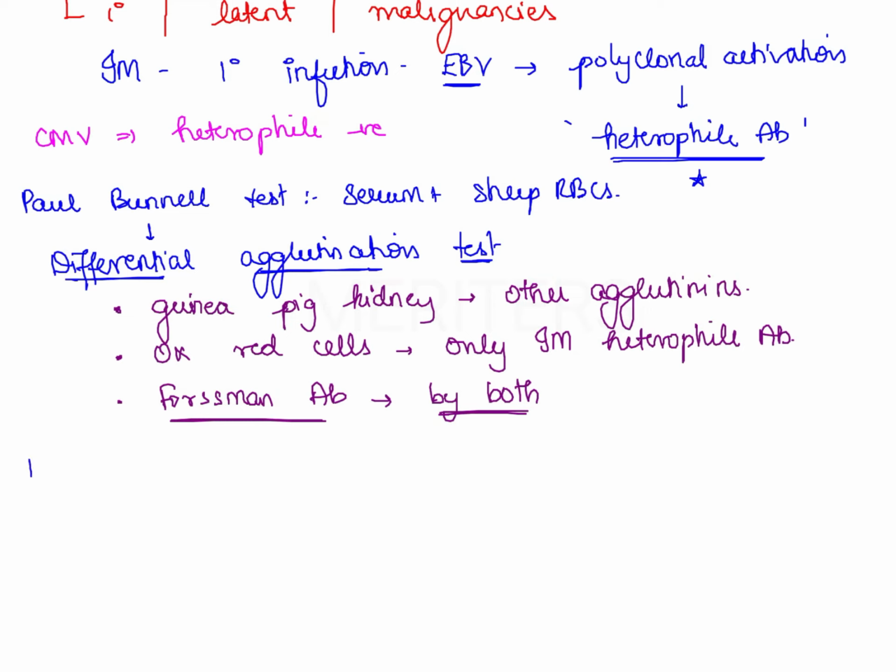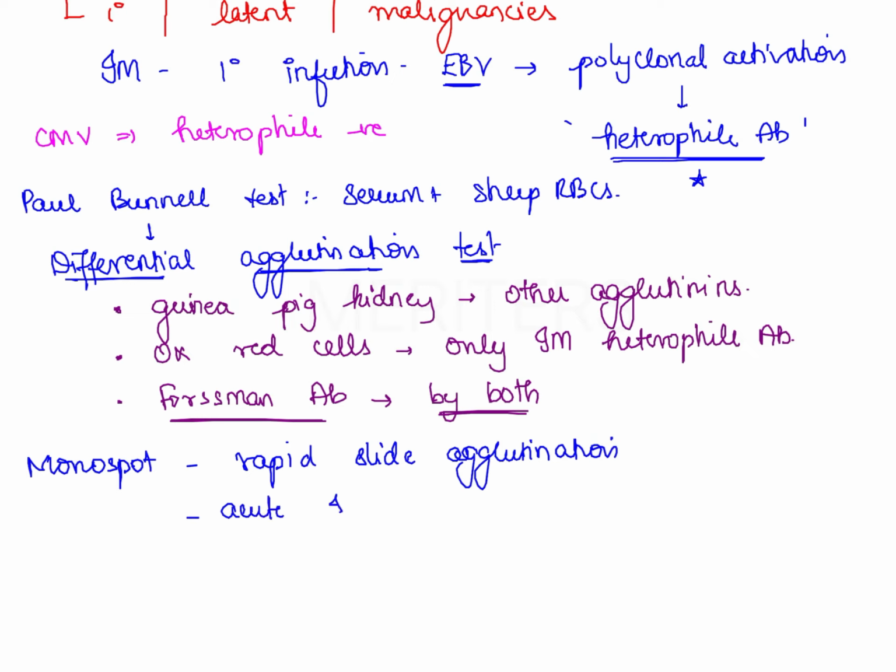And there is one another test, that is the monospot test. It is a rapid slide agglutination test performed in case of acute infectious mononucleosis. Here the patient serum is reacted with horse RBCs, that is horse erythrocytes, whereas in the Paul-Bunnell test, we react with sheep RBCs.